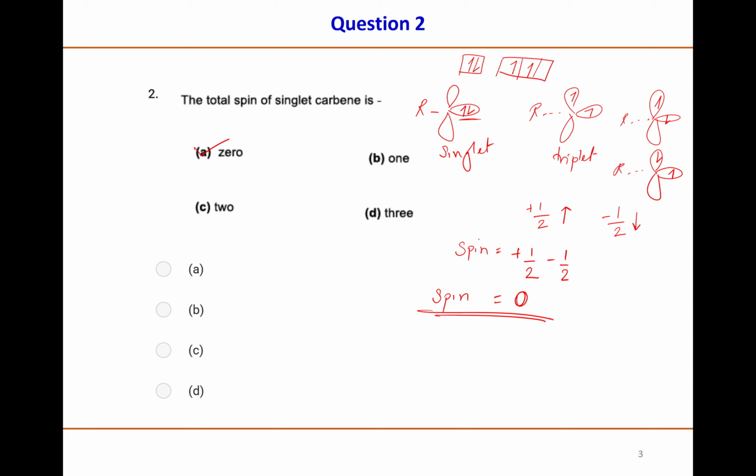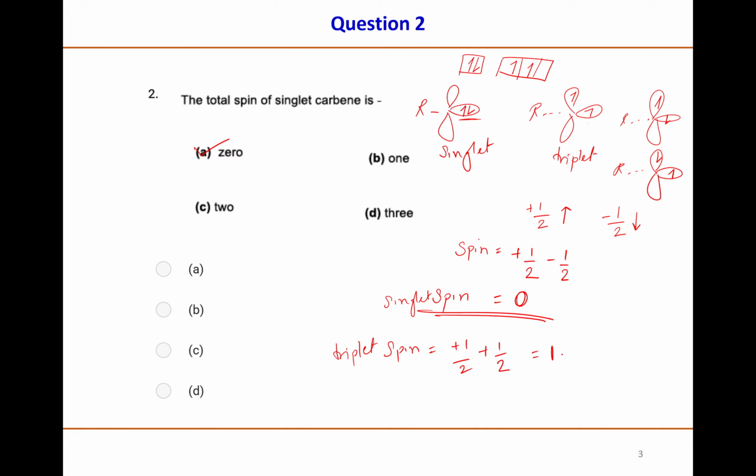Now let's talk about the triplet one also, because here one electron, here one electron is there. Now we will have spin here. This is for singlet. This is triplet. Okay, triplet spin plus half, right? Both on the above side. So it will become 1.